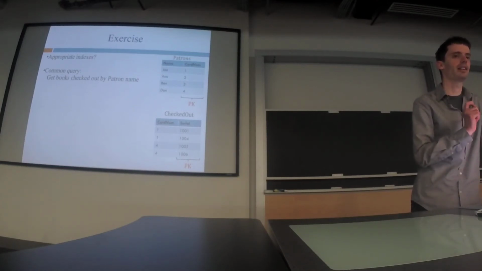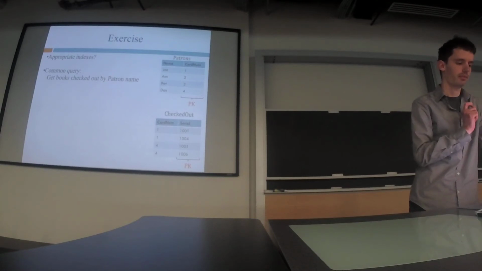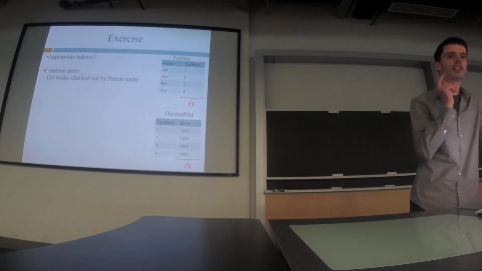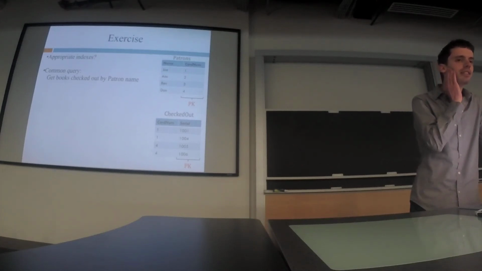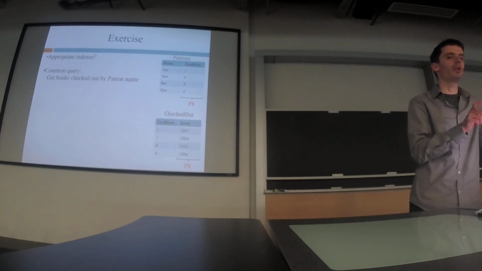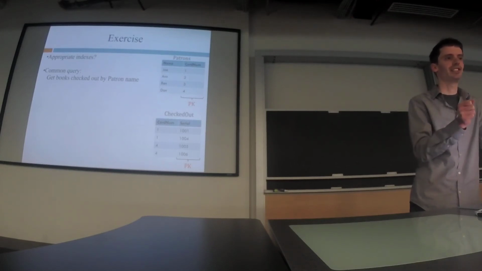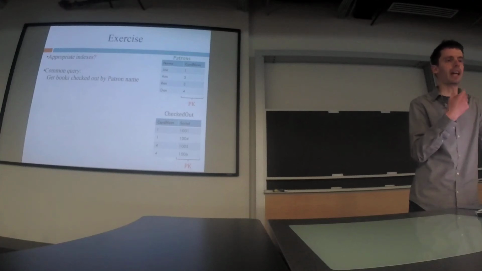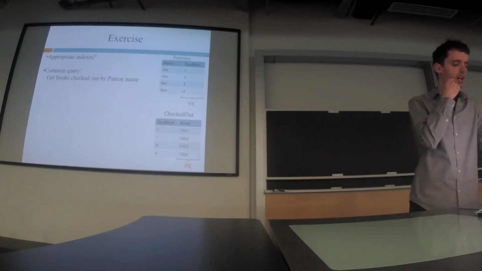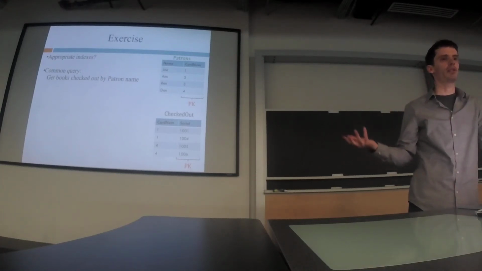Because I'm going to have to start with Joe, and I already know Joe is card num 1. How do you know Joe is card num 1? Because it's linked on the same tuple. But all you start with is the string Joe. Are you saying that you're going to have a where clause that says I'm looking for Joe? Yep. Okay, then yes, put an index on name as well. I thought you were just listing every name. No. So get books checked out by whoever the patron's name is.